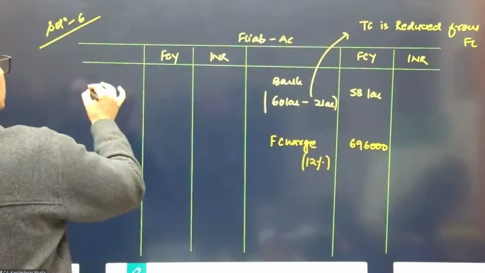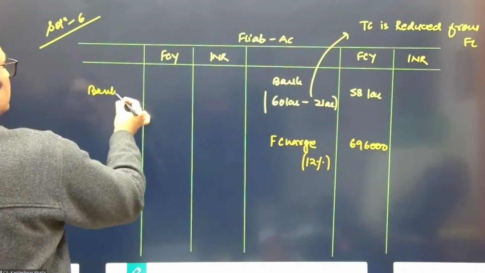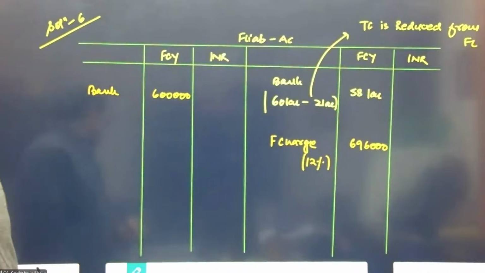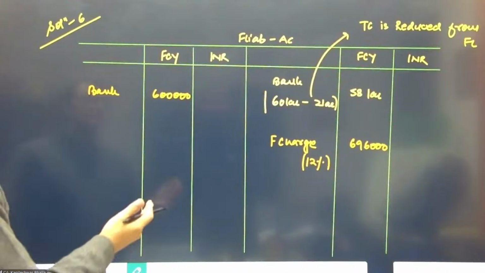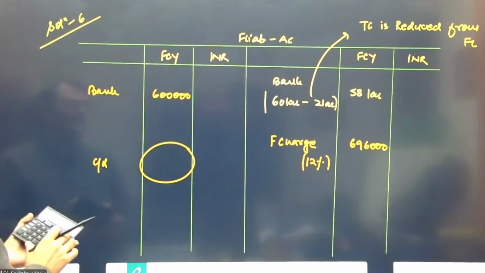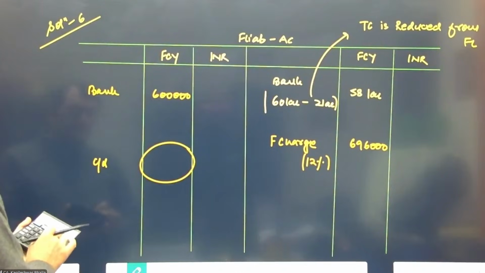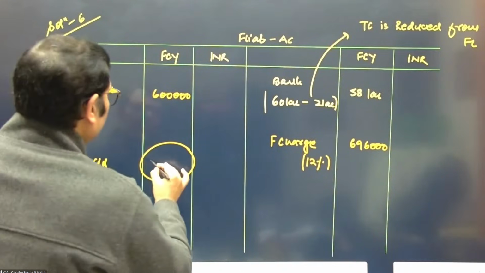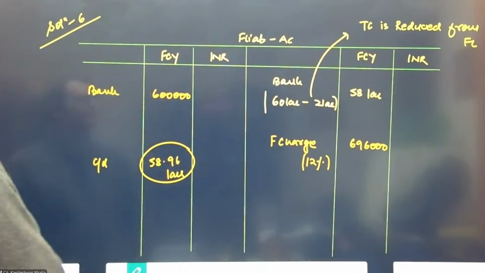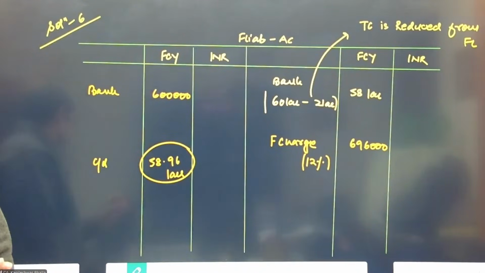And then he's given us the inputs that we are making payments at the end of each year, to the extent of, I guess, 6 lakh. Since it is AC, we'll take the balance CD as a balancing figure. And trust me, the question is done. This is 58.96 lakhs.